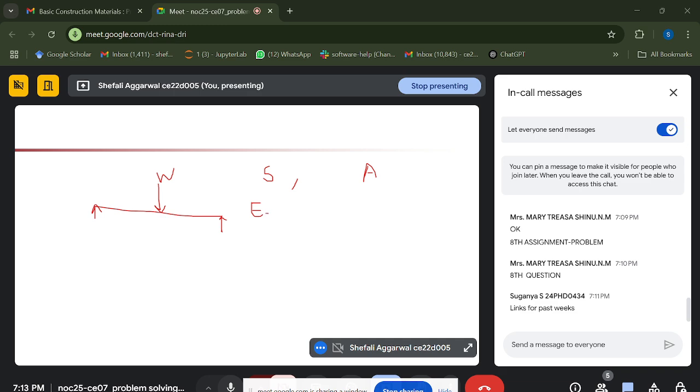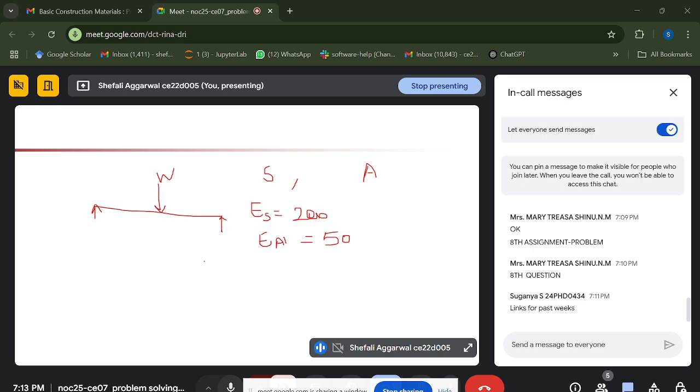Modulus of steel is given as 200 and modulus of aluminium is given as 50 GPa. The question asks us to calculate the percentage increase in the deflection in aluminium compared to steel.